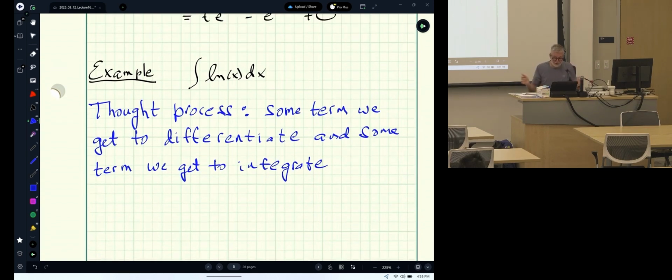And anti-differentiating dx, that sounds pretty good. And differentiating log of x, that sounds pretty good. Okay, so that's the thought process. You always have to do that.